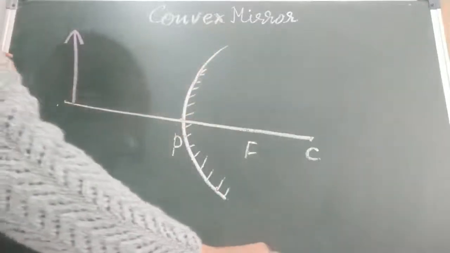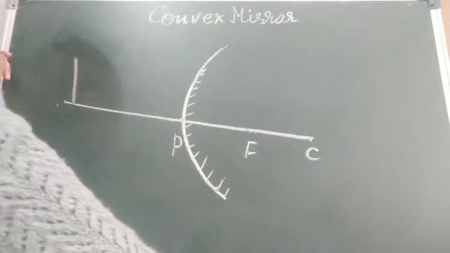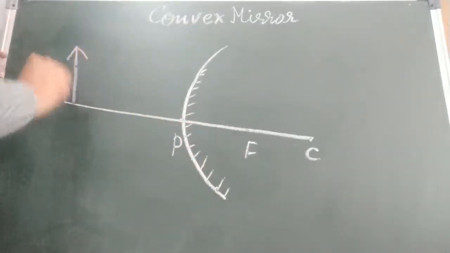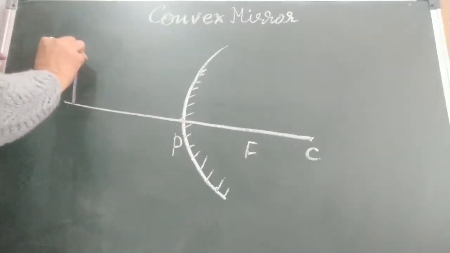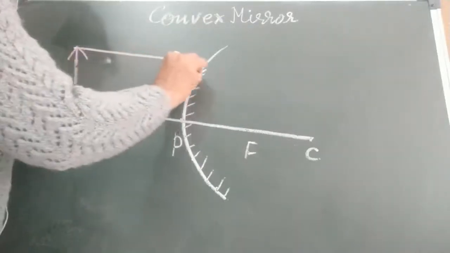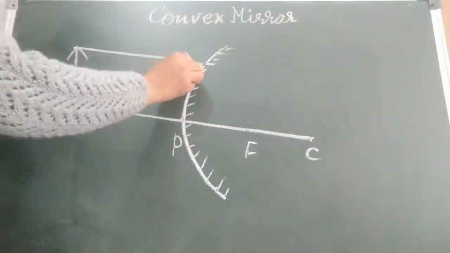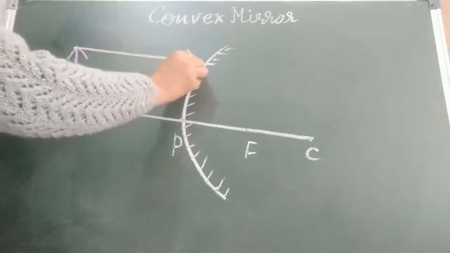I'm going to make it short. Okay, this is our object. The ray from the object will pass here. And then what will happen after striking this? It will reflect.